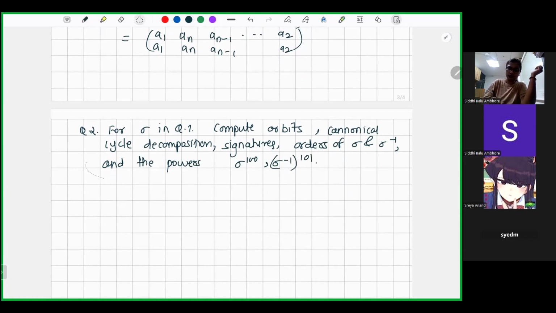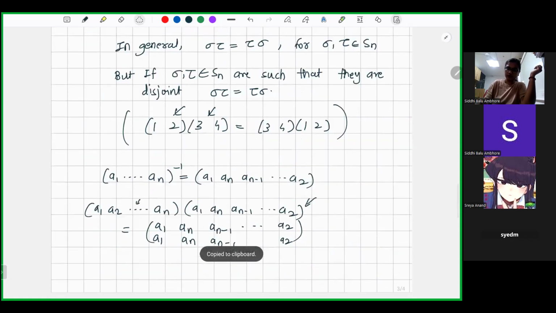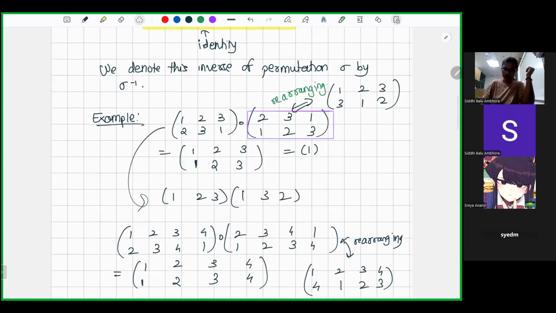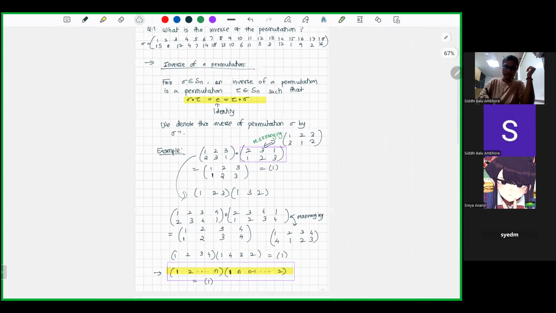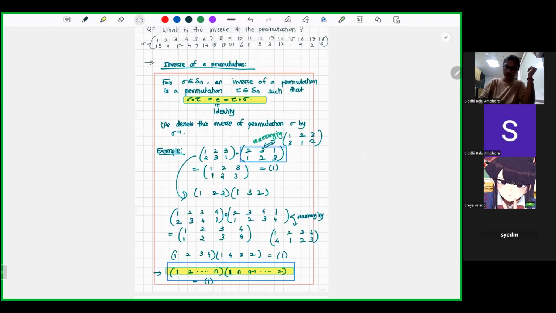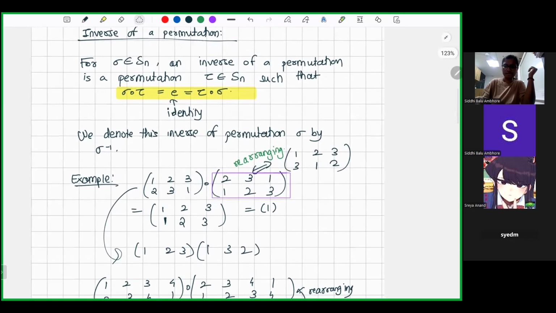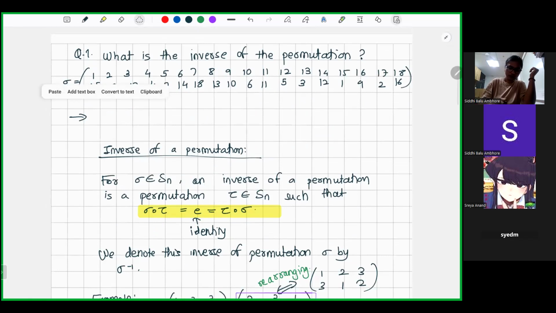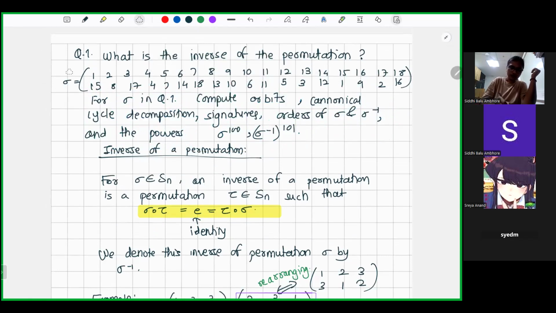Okay, this is what we have to calculate. This is the question which is asked.